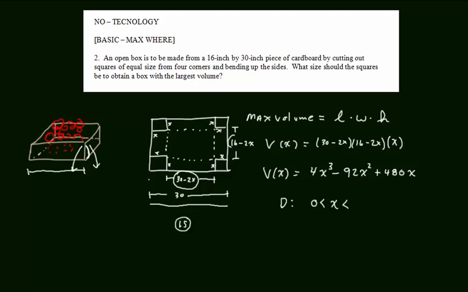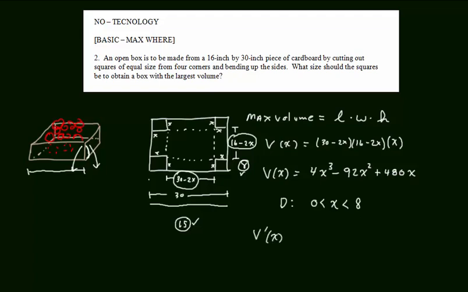If we look at this side here, it certainly cannot be 8 or bigger than 8, so we're restricted by 8. It cannot equal 8, but has to be smaller than 8. It has to be smaller than 15, and it has to be smaller than 8, so we take the more restrictive one and say that x is smaller than 8. So the domain of this function is that x is between 0 and 8, not including the endpoints. Let's take the first derivative.